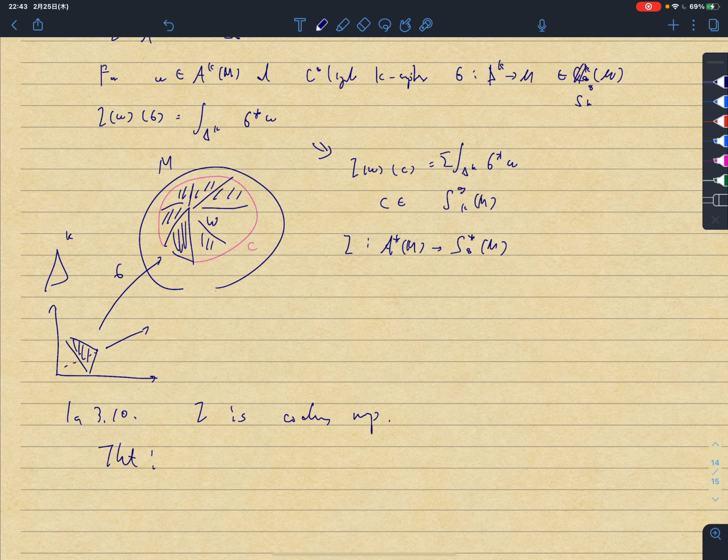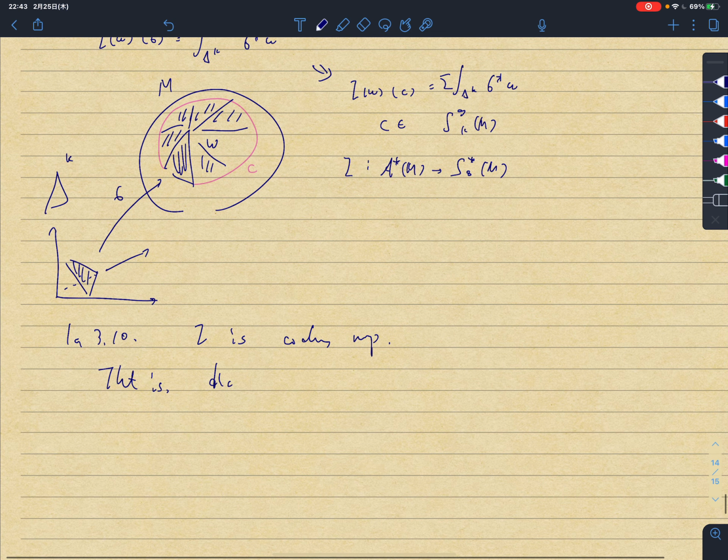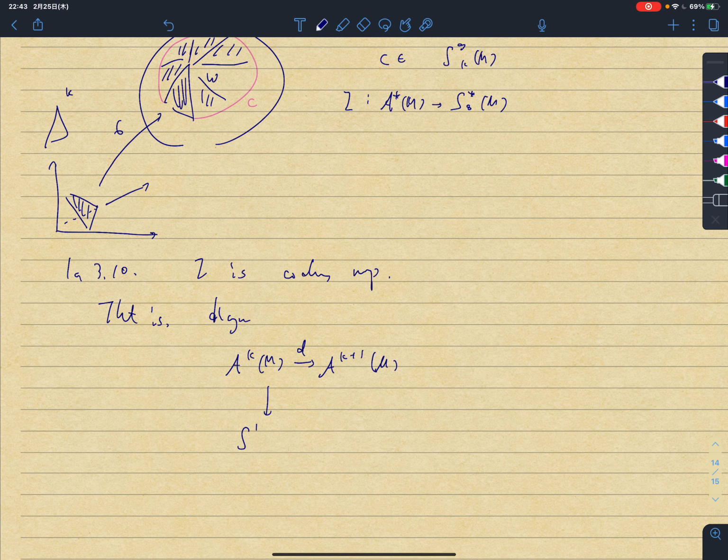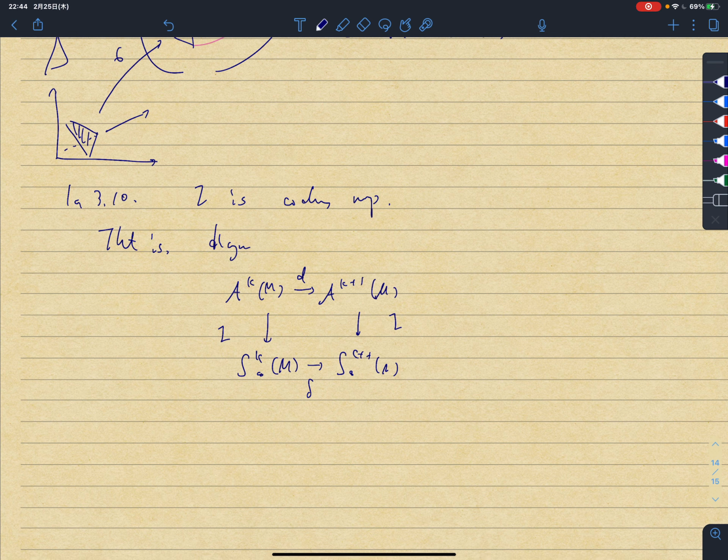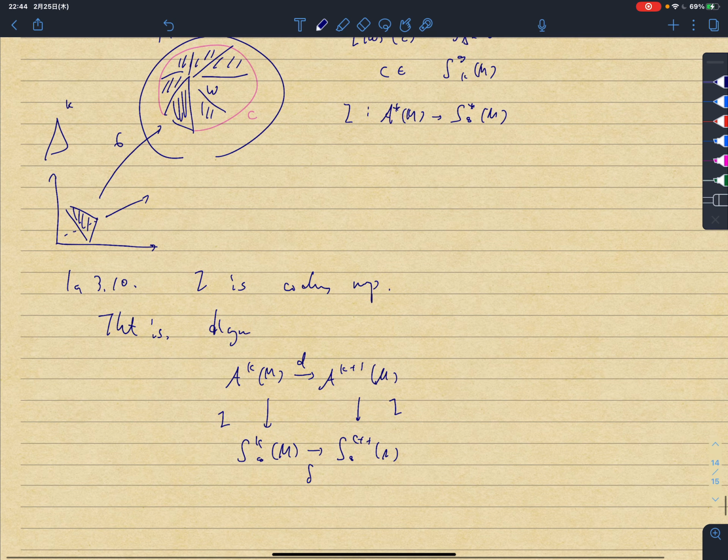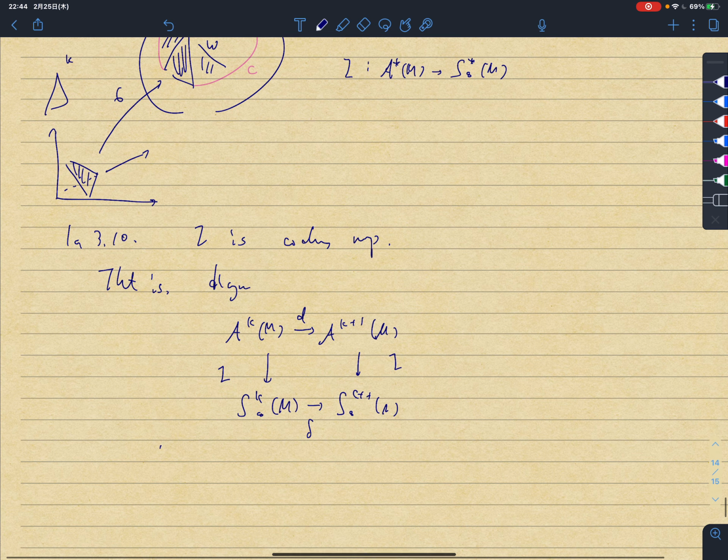There is the diagram A k M, A k plus 1 M, C k infinity M, with I and delta. The diagram is commutative.